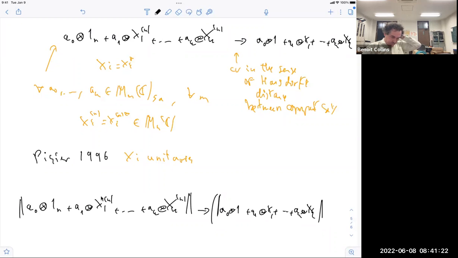Okay, and so from now on, we just focus on linear polynomials in x1 through xn, or let's say degree 1, because there is the identity, so they are not strictly linear. Sometimes these are called linear pencils, though.